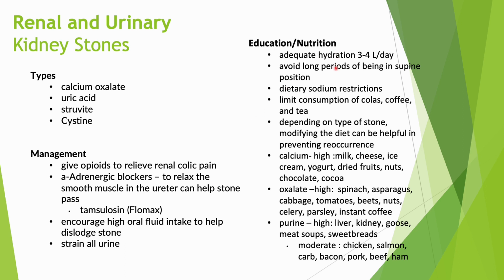Yep. Perfect. Education. Dietary, perfect. Depending on the type of stone, good. Yeah, this is everything that's ever going to come up about a kidney stone. Also, signs and symptoms of a kidney stone, which are pretty obvious at this point. But yeah, I like this slide. Let's go to the next one.